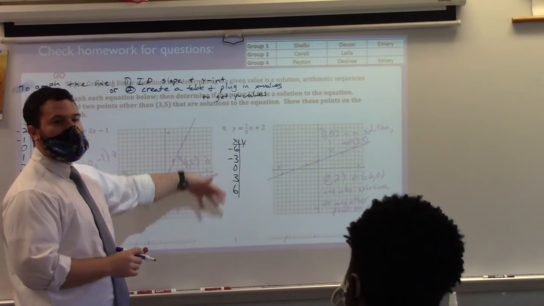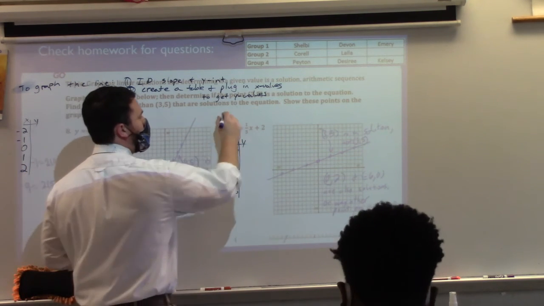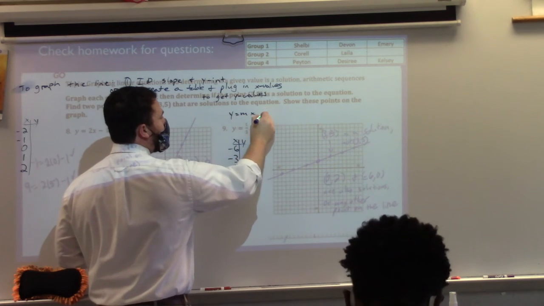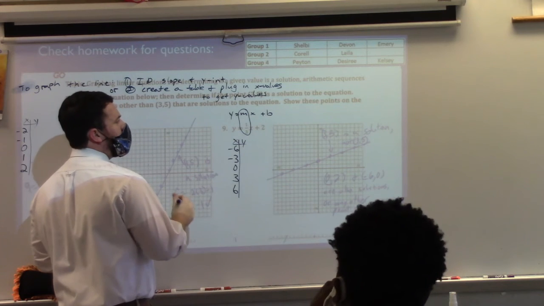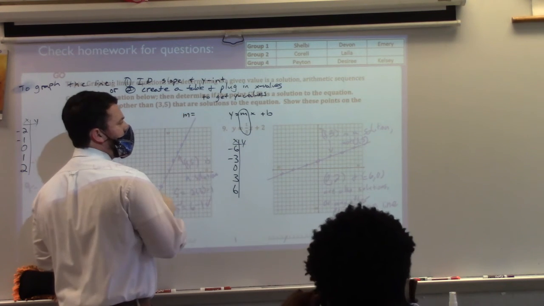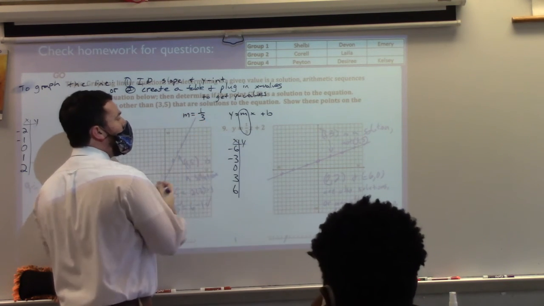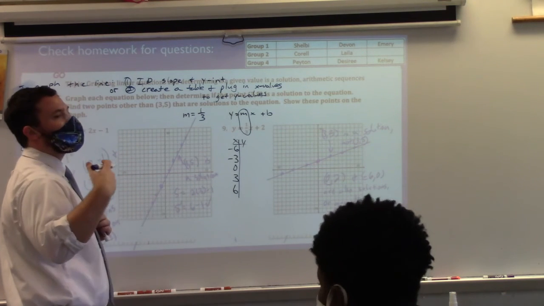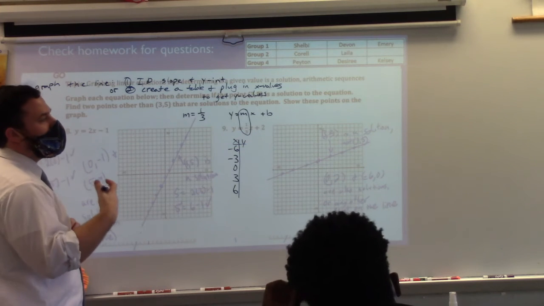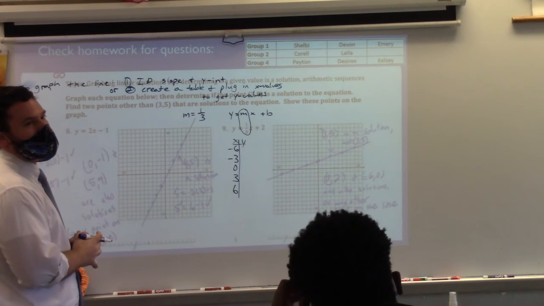This also connects to a really important idea. If it's y equals mx plus b, what is this 1/3 right here? What is m though? What do we mean by m? Well, multiplication is repeated addition, but what do we call the additive rate of change?